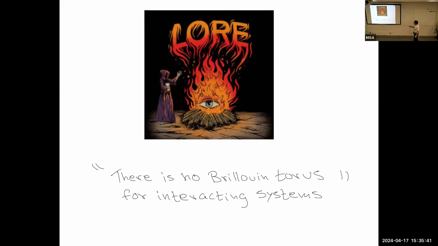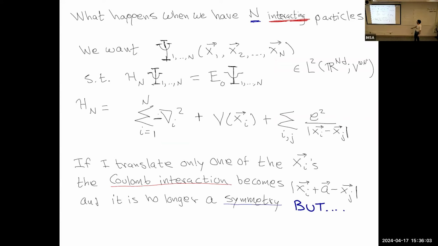But for example, I saw a talk by Sheinbaum where he was saying, okay, for non-interacting systems, we have a torus, we have the Brillouin zone, and we can use the topology of the torus. For interacting systems, that is lost. You don't have that anymore. And so we have to do something completely different, and that's when he came up with things like topological order. But is that true?